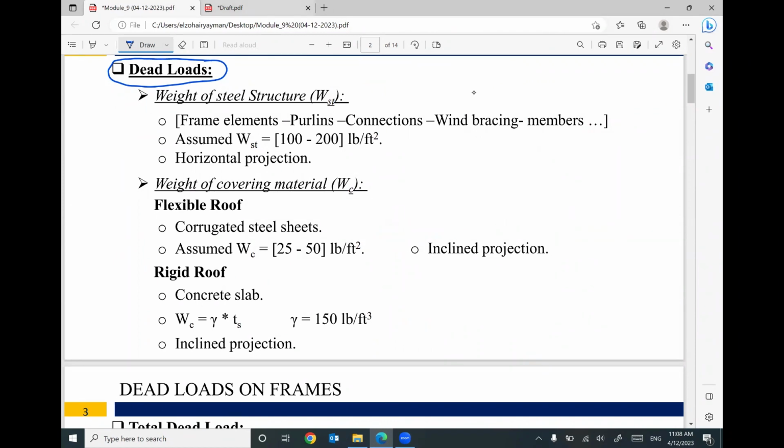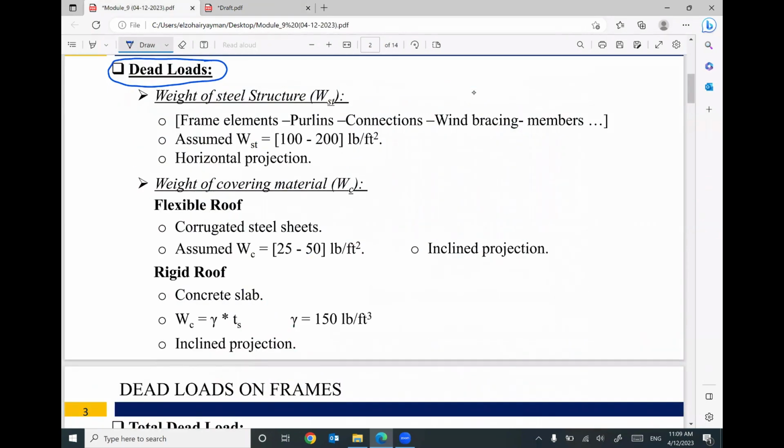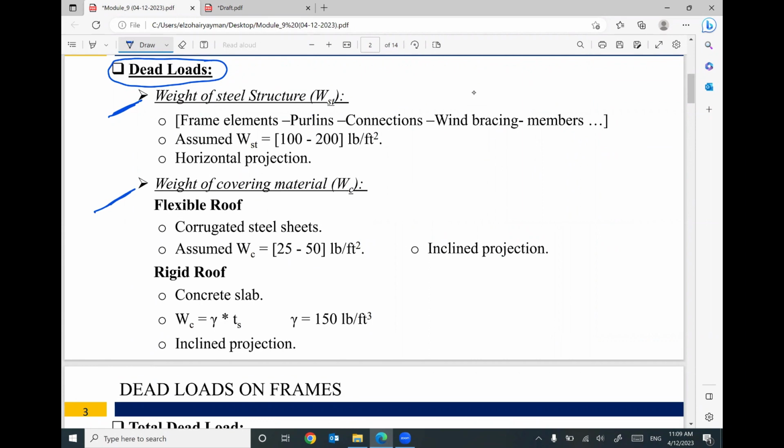Your structure has purlins, probably horizontal bracing, and corrugated sheet, and many things should be considered as dead load. So for dead load, we have two categories. The first is the weight of the steel structure itself, and the second is the weight of the covering material.